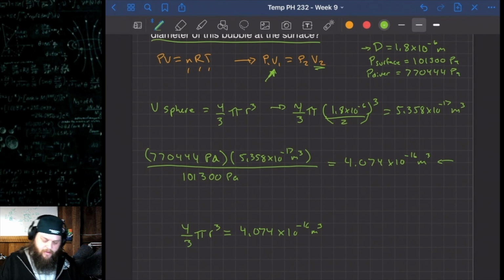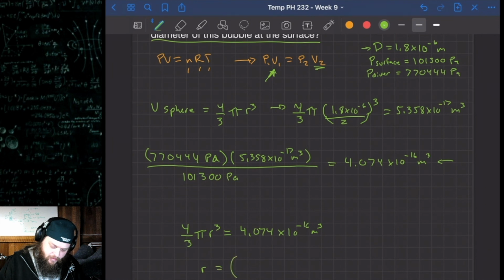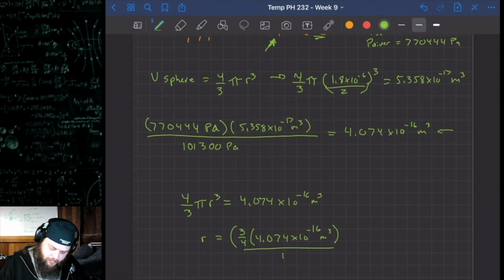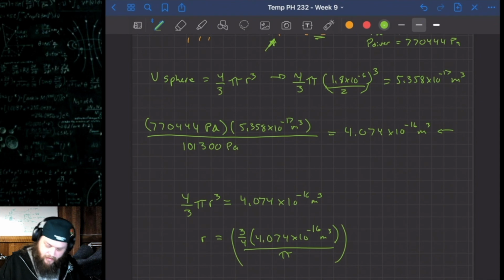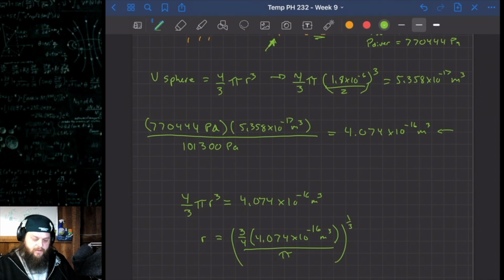Just to solve for that radius real quick, I can say that r is going to be equal to 3/4 times 4.074 times 10 to the negative 16 meters cubed. And then I'm going to divide by pi. I need to do the cube root to get r by itself, so I'll take that whole thing to the 1/3 power. And that should give us our radius.